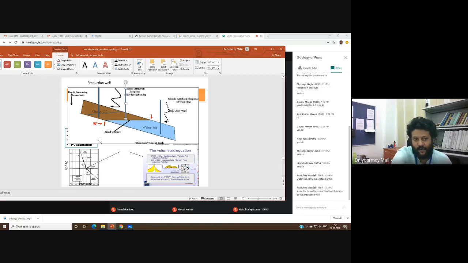But I will not be able to do the same for perhaps this one if the hydrocarbon contact has migrated here, because this is still in the gas leg, right? So this is how you will be able to choose which production well you can convert to an injector well. Is that discussion clear, everyone?